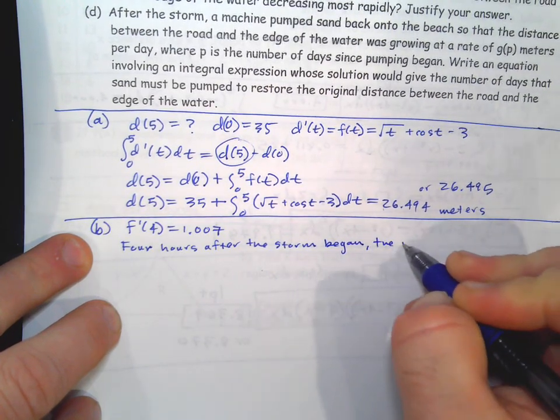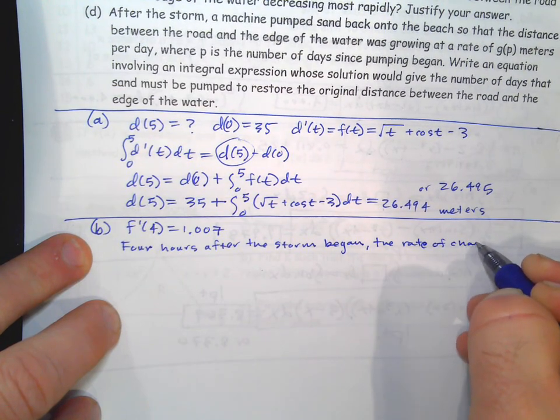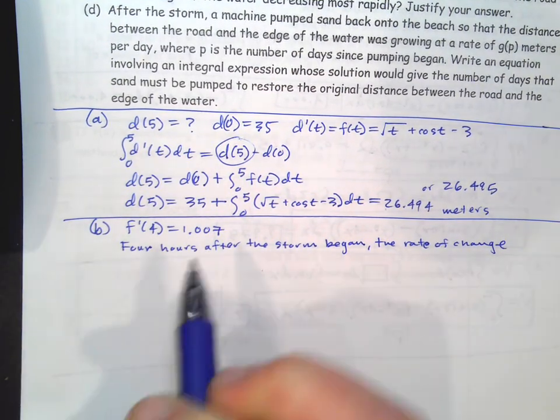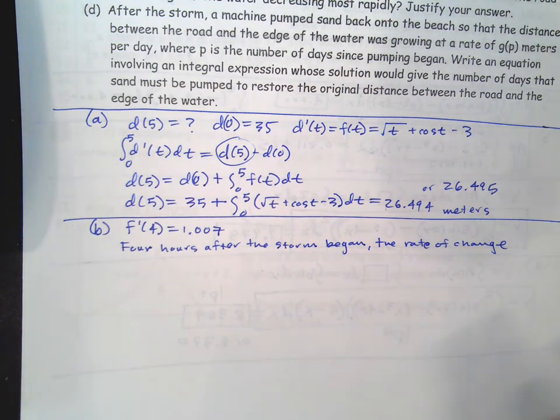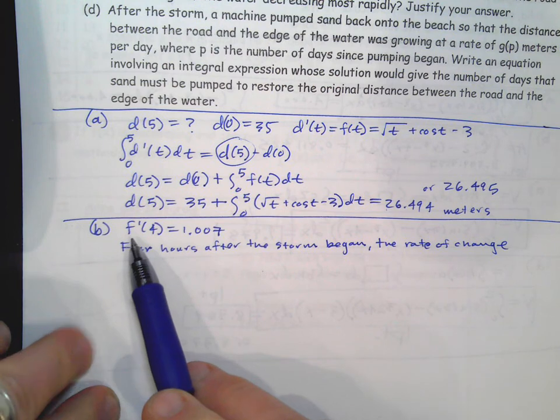The rate of change. One thing I usually go for on a derivative: if it's positive, you're going to say something is increasing. You're going to say f is increasing. If it's negative, you're going to say f is decreasing. Now, f is the rate of change.